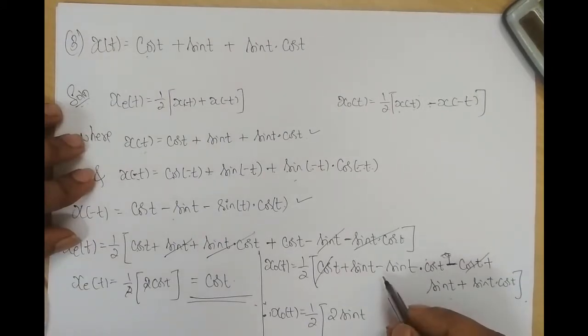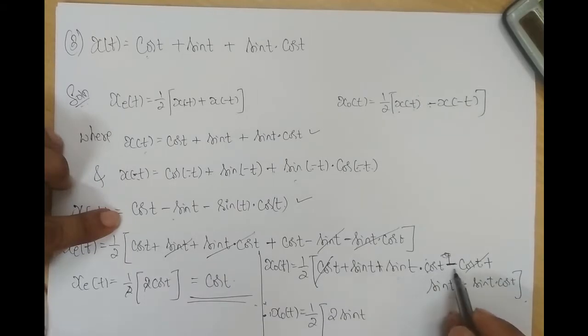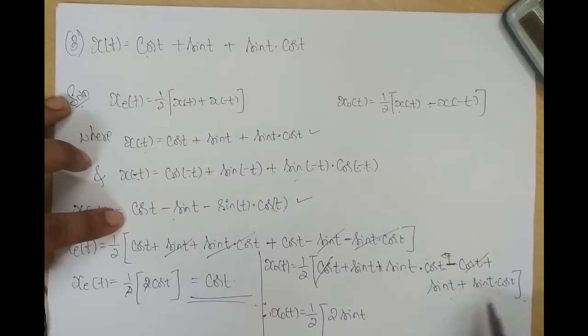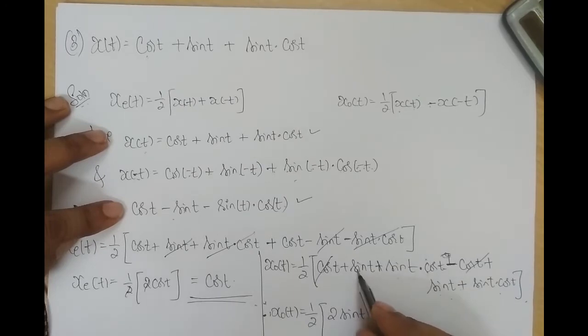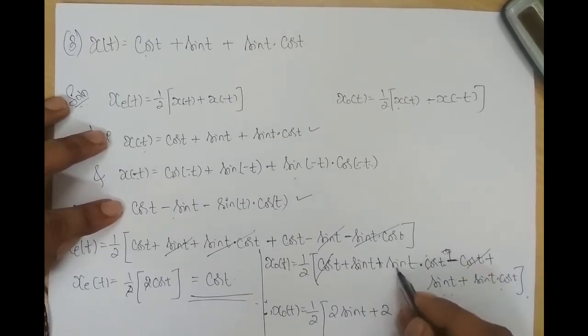So I made a mistake here. So cos t plus sin t cos t. So here it is cos t plus sin t plus sin t cos t, minus cos t plus sin t plus sin t cos t, right? So we have sin t, it is 2 times sin t, plus 2 times sin t cos t.